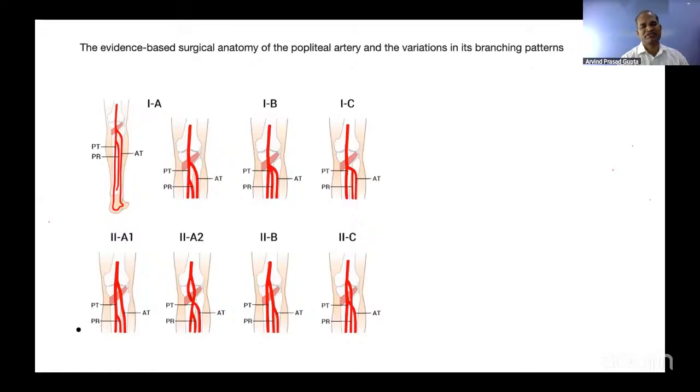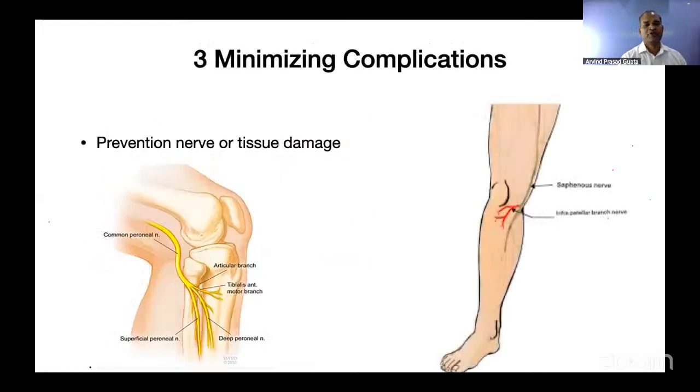particularly if you are doing PCL reconstruction or any work in the posterior compartment, because the popliteal artery is very close, and all these variations may be in your patient and the popliteal artery may get damaged, and this will lead to disasters. And also about the nerve, the infrapatellar branch of the saphenous nerve is very close to your hamstring tendon, and many a time this gets damaged.